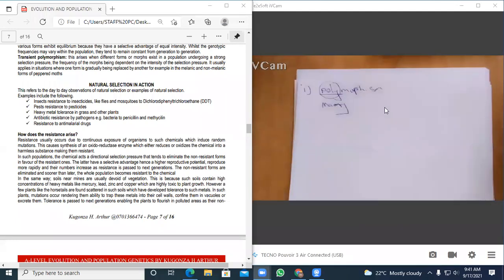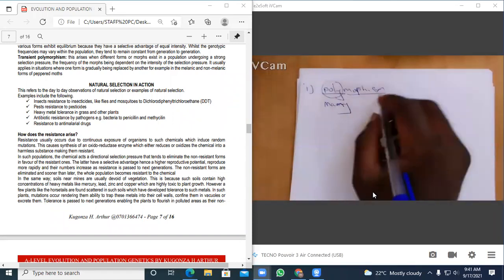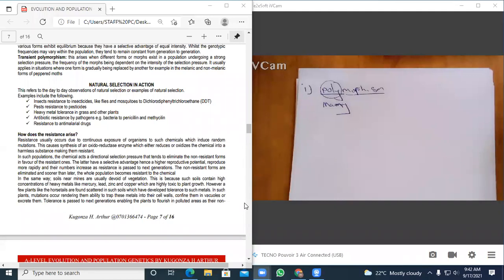Then someone else, or if you have ever heard of a word related to the word morphism, who can tell me the meaning of morphism? What does it mean?